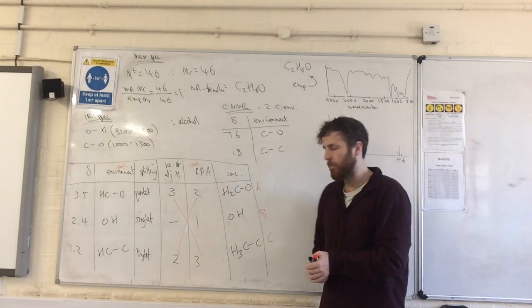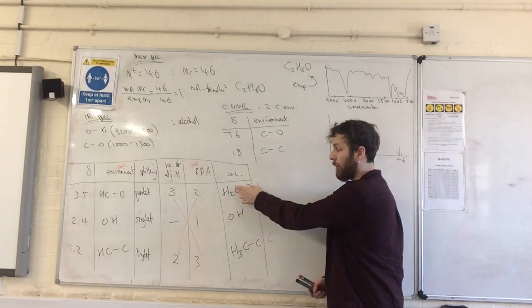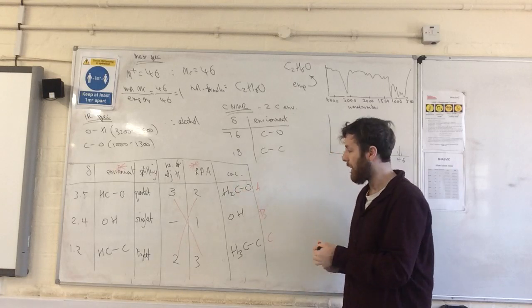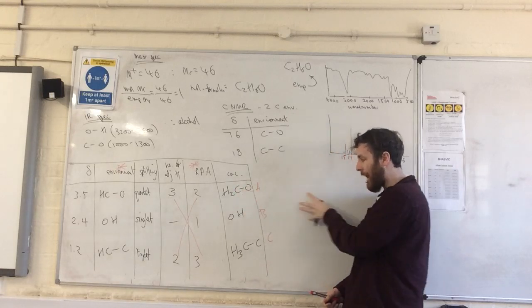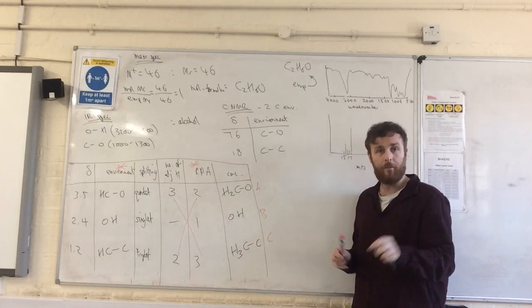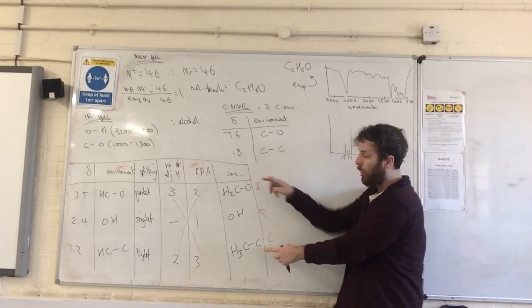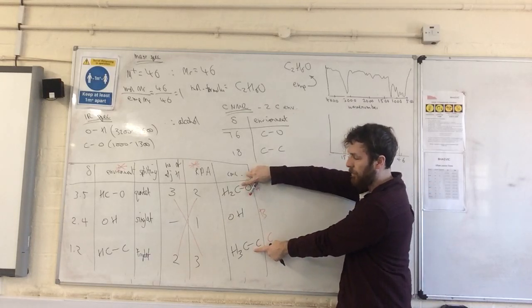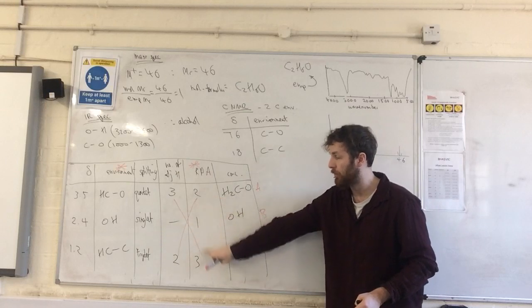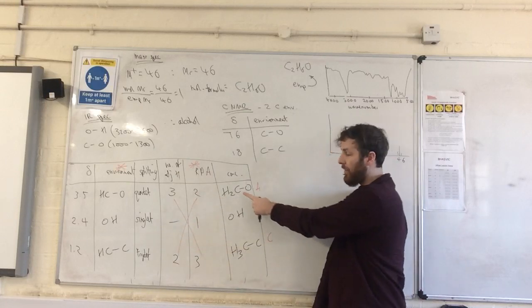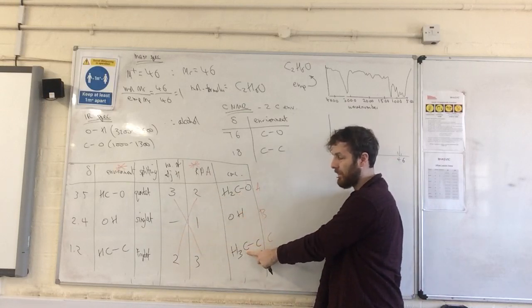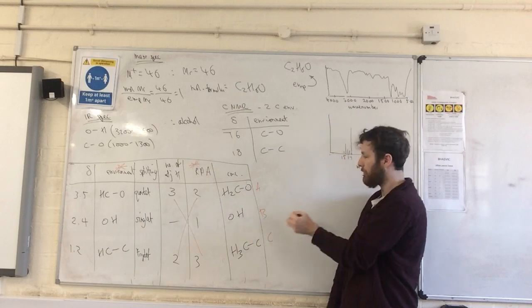So some teachers ask you to write that down in the conclusion column. That's totally fine. Some people ask you to write it afterwards as a separate thing. Whatever your teacher asks you to do, we're going to combine these 2 chunks together because they're cross-linked. That tells me this carbon is next to that carbon. So I'm just going to write that out.